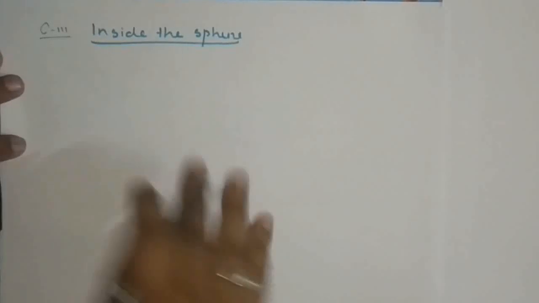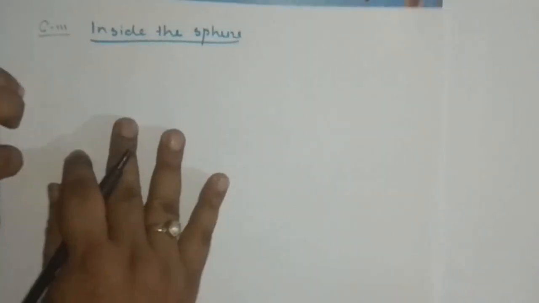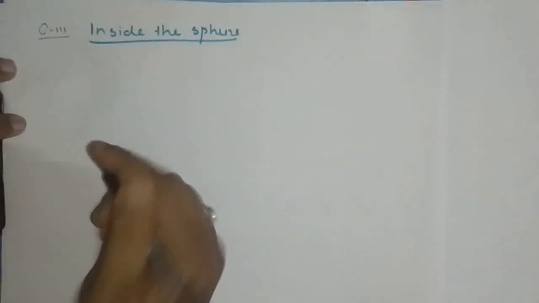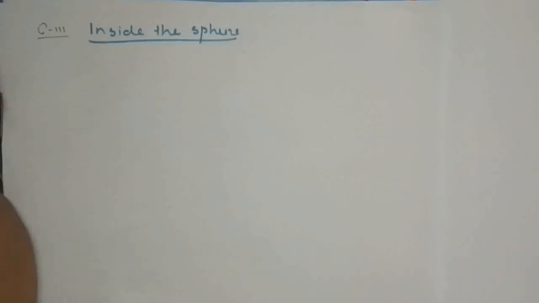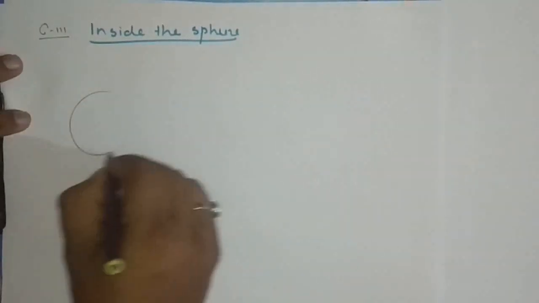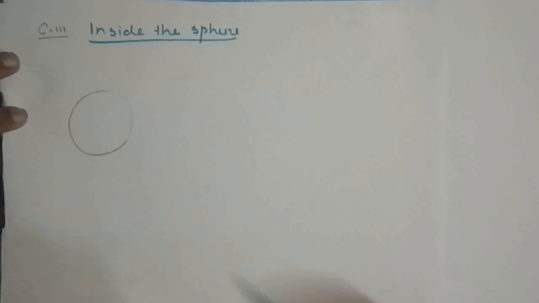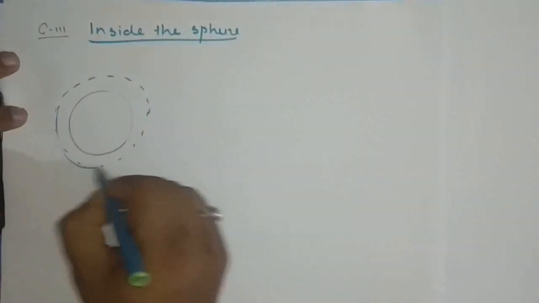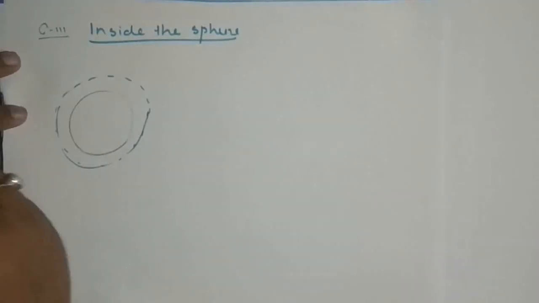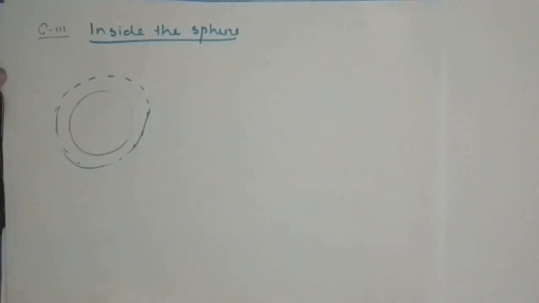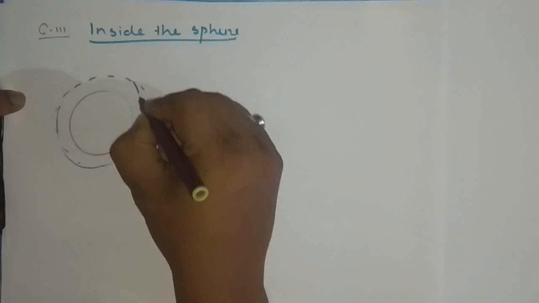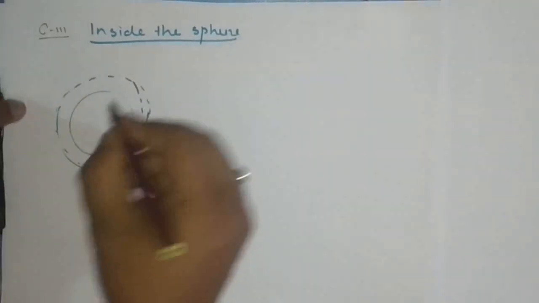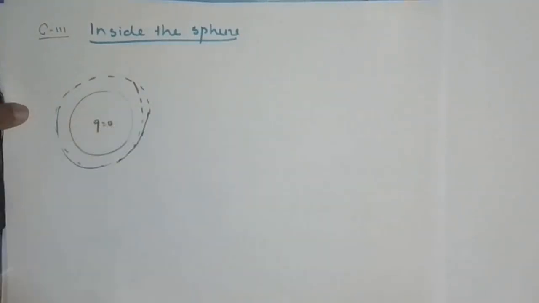Now look here. Let us draw the figure. This was my original sphere and this is my Gaussian surface. To differentiate you can use two colors, but in the exam you cannot use two colors. That's why it is better to use one as dots and one as a solid line. Inside, charge is 0.